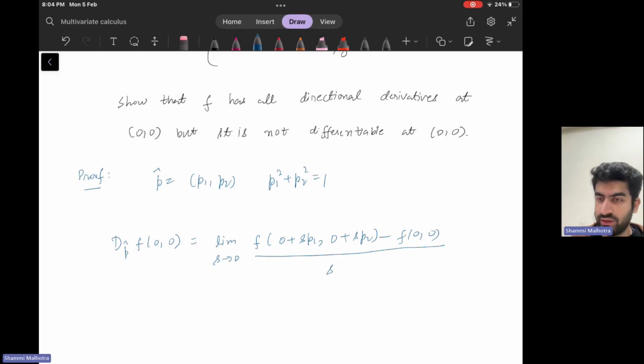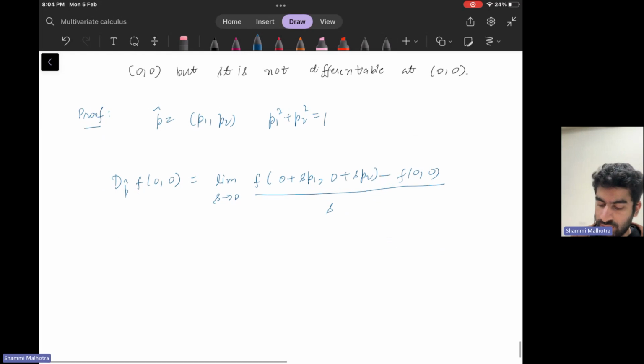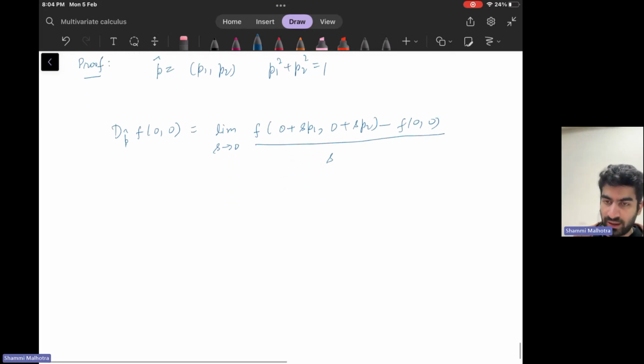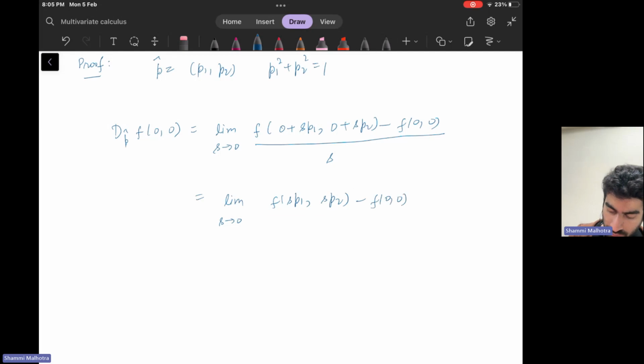This is the derivative in the direction of (p1, p2), in the direction of p hat basically. So this is the limit s tending towards 0 of f at (sp1, sp2) minus f(0,0), whole divided by s.